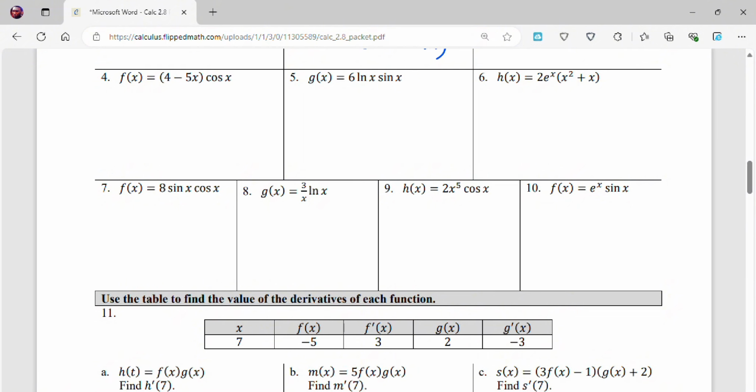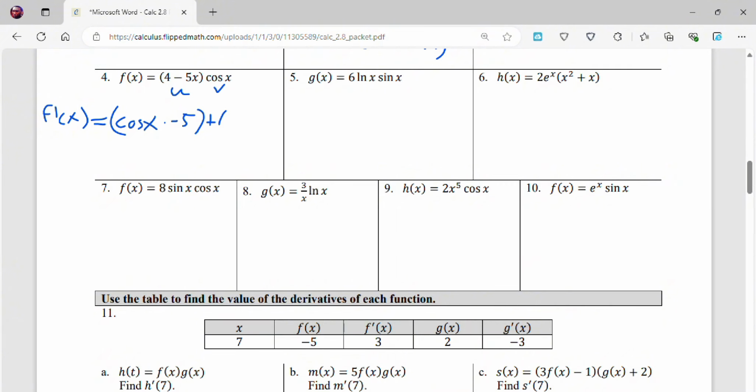F of x equals 4 minus 5x times cosine x. So v and u. Our derivative is going to be v, which is cosine x, times u prime. Derivative of 4 minus 5x is negative 5.